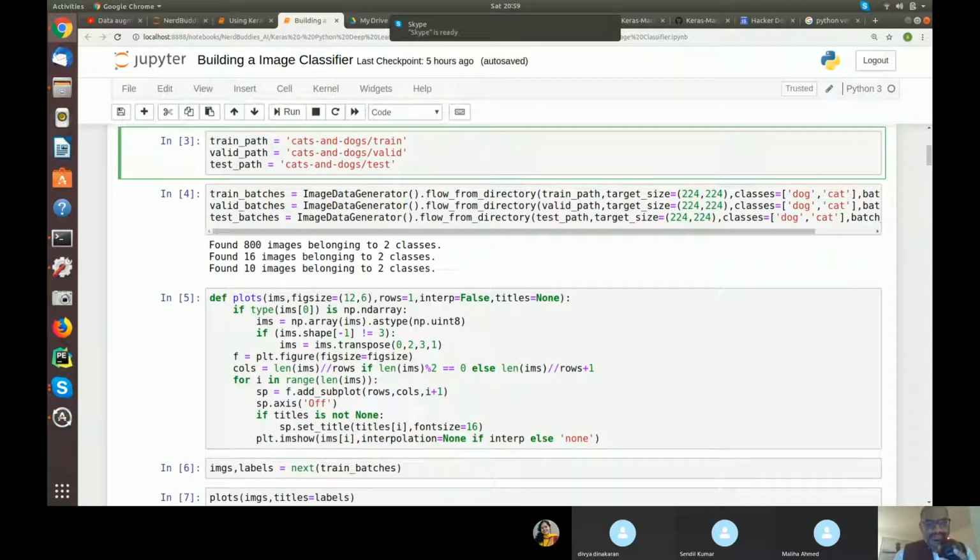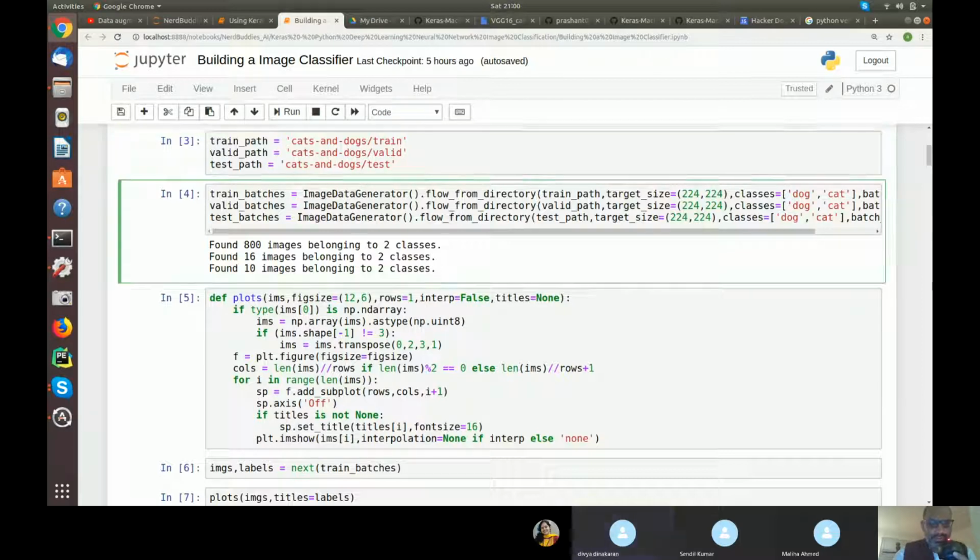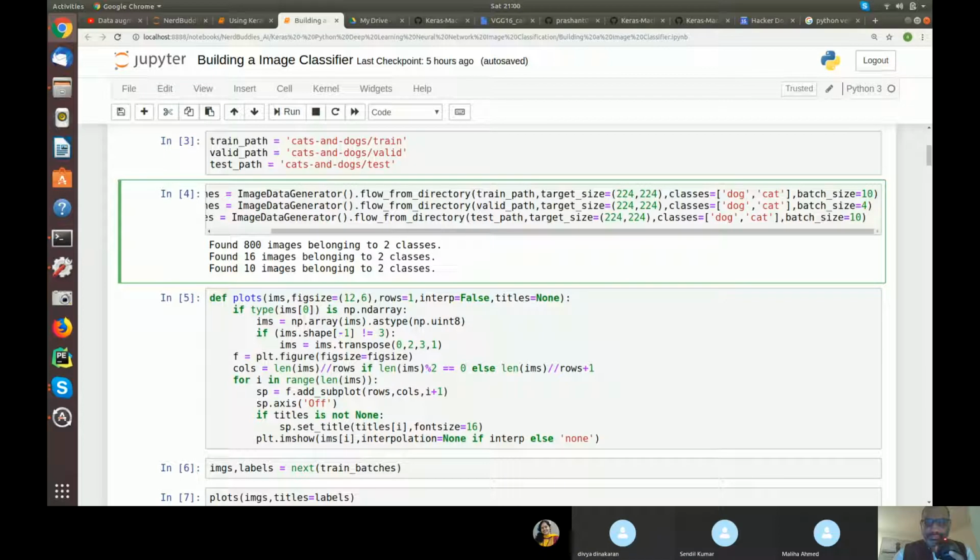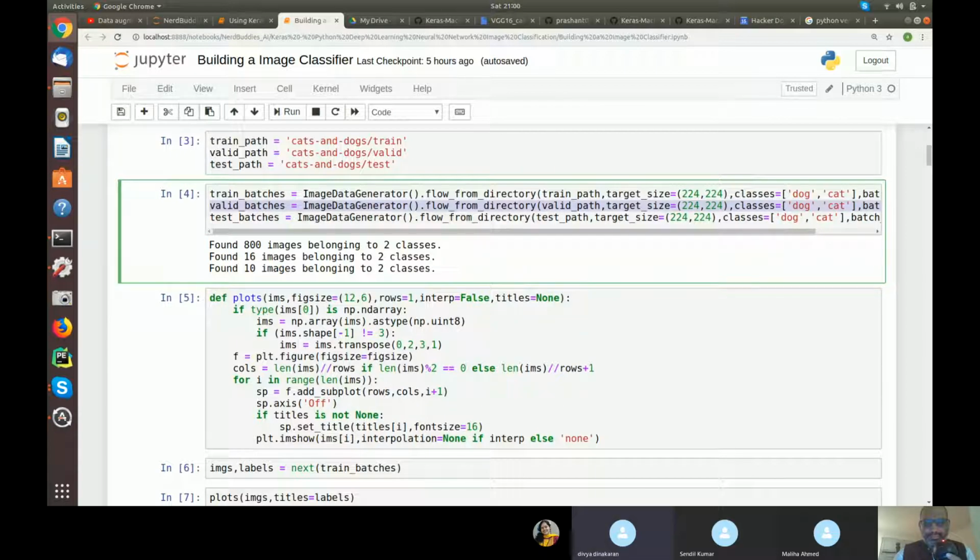So this is the structure that is required by Keras for training models related to images. Here we are creating variables that will be used to go to these paths. These are the 3 paths we had just created.